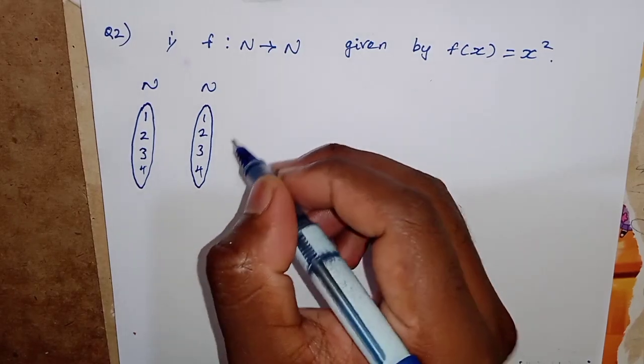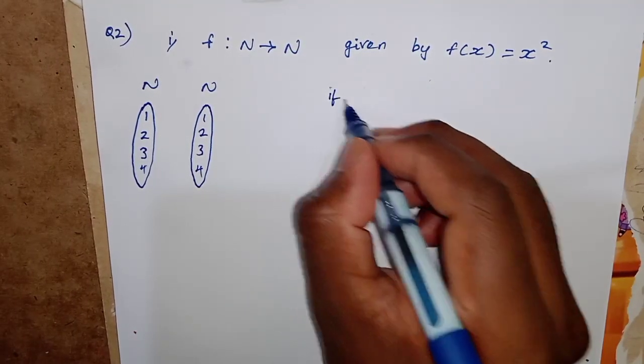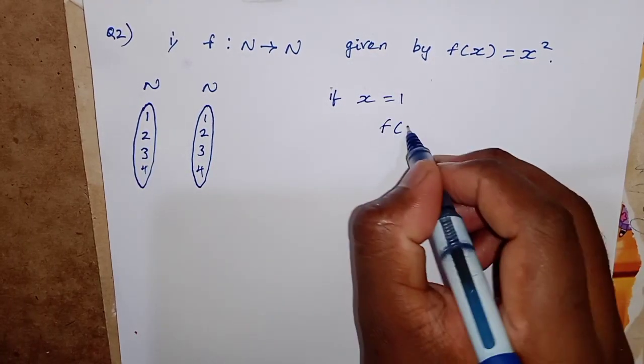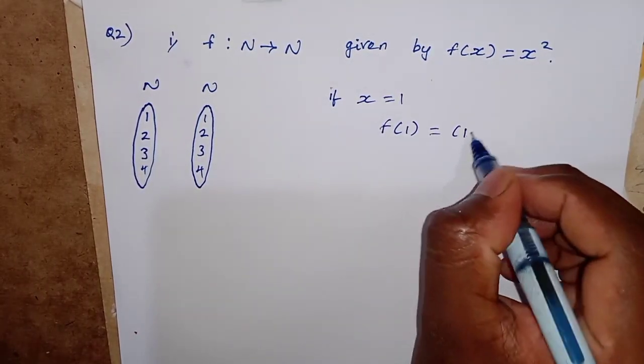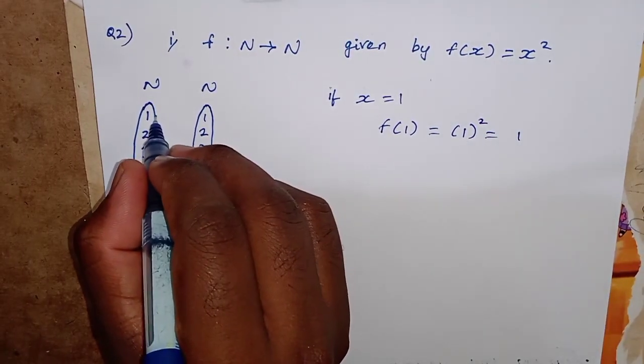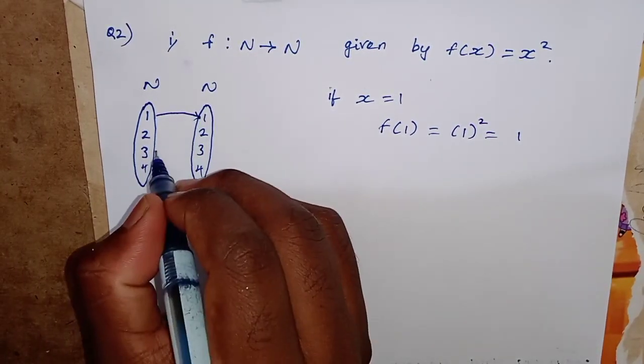If I am taking x equal to 1, f of 1 equal to 1 square, therefore 1. So 1 is related to 1.